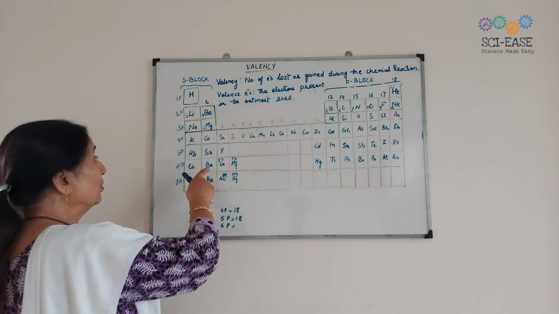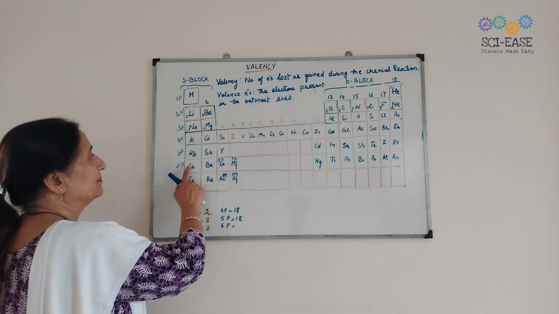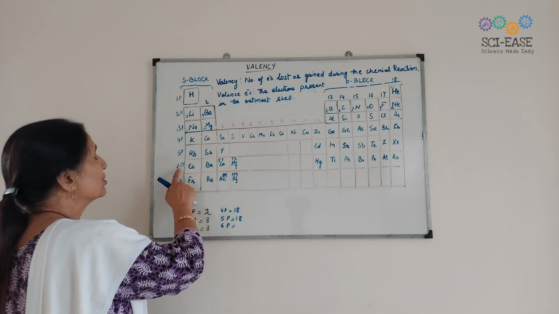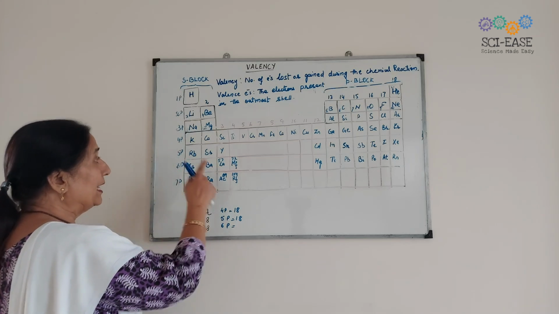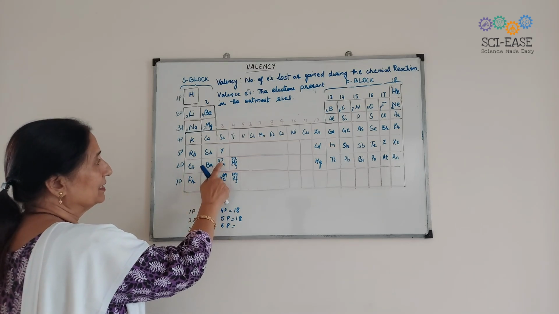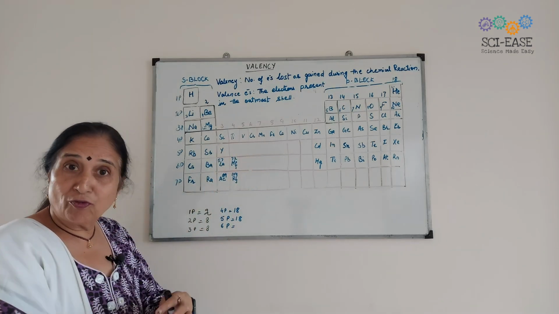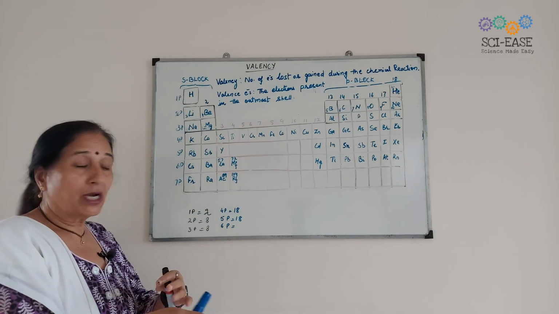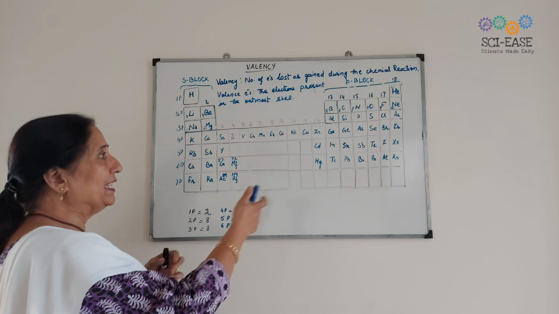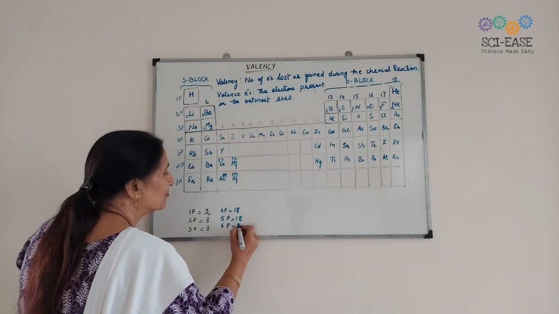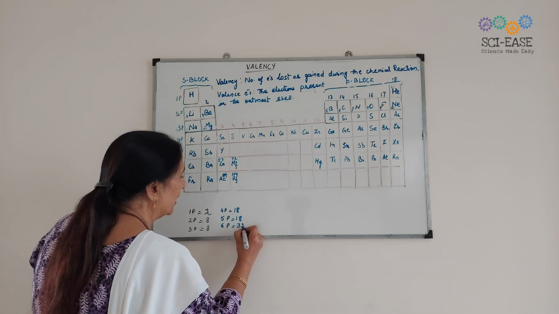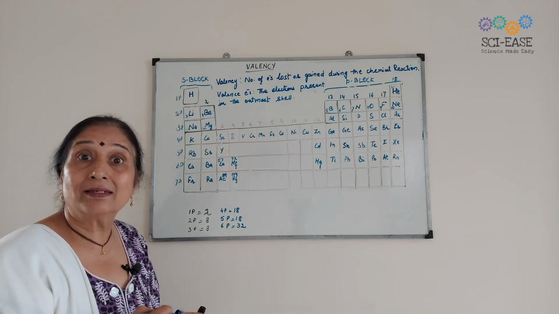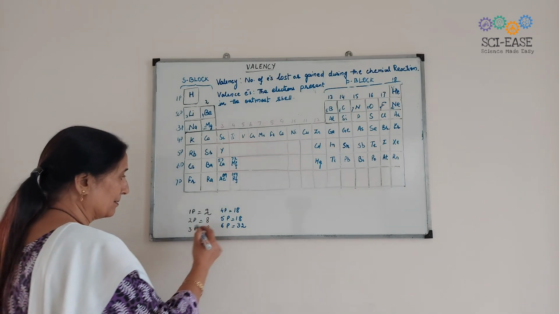So they are also included in this. The elements after 57, there are 14 elements more. So 14 plus 18 will be 32. So in the sixth period, there are 32 elements.